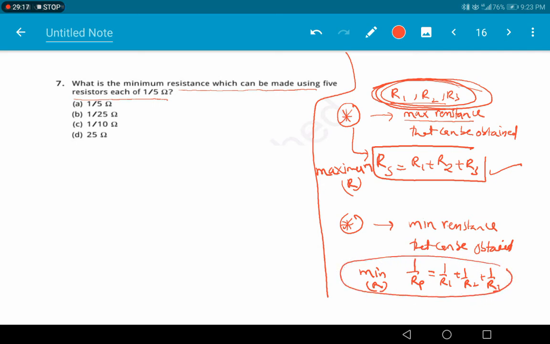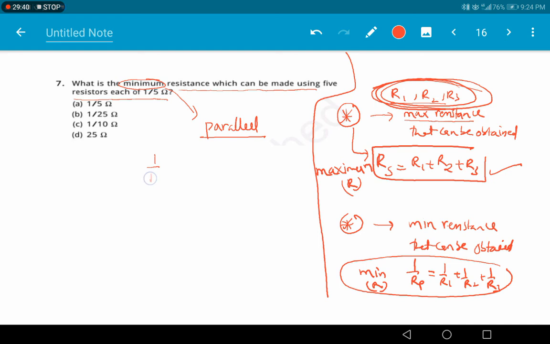So here the question is related to the same concept: what is the minimum resistance which can be obtained by using 5 resistors each of 1 by 5 ohm? So minimum means definitely we connect them in parallel. So that means parallel resistance.